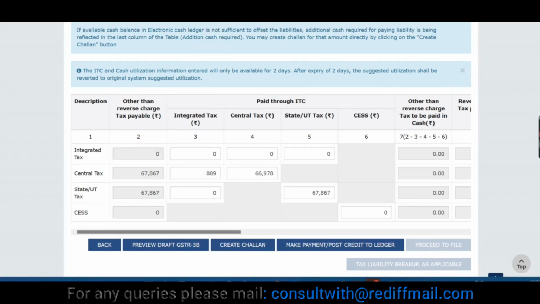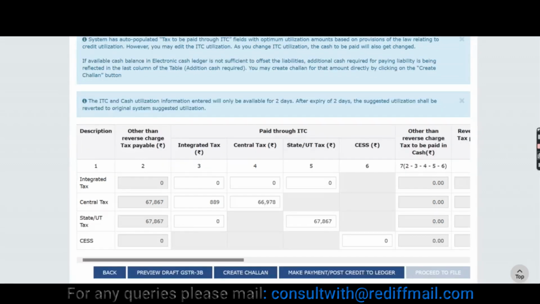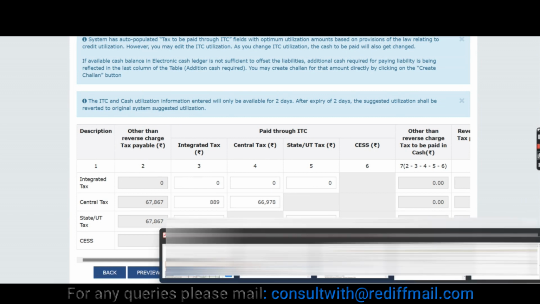The relevant portion of law that I have to go through is section 49B read with section 49(5) of the CGST Act 2017, as well as Rule 88A of the CGST Rules 2017. Let us go through the relevant areas of the said Act and rules.